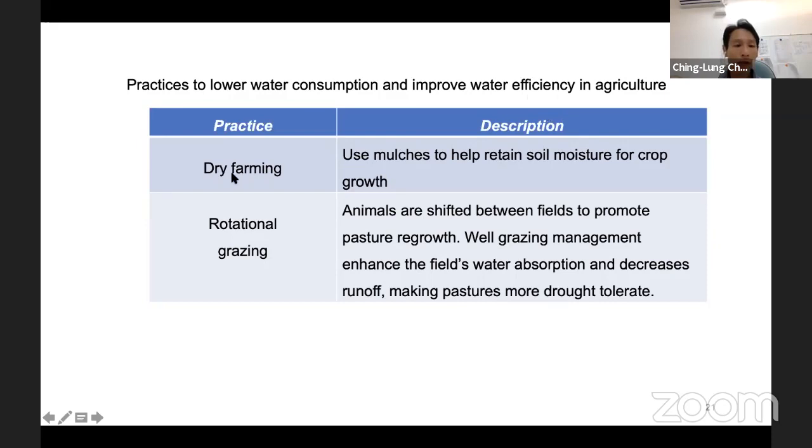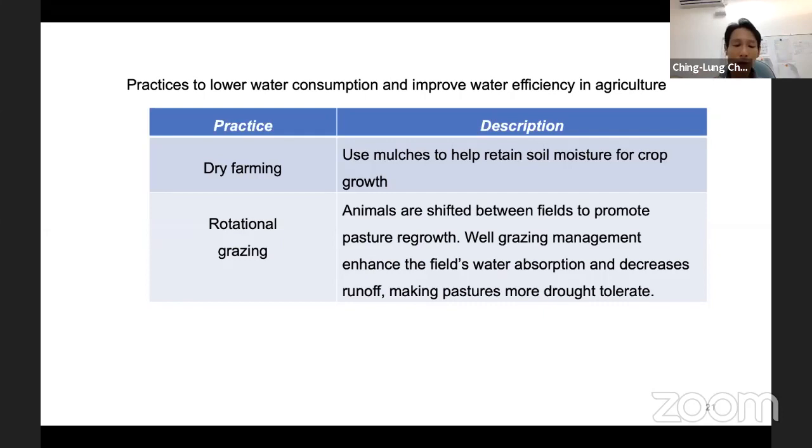So the first one is called dry farming. So what is dry farming? They use mulch to help retain soil moisture for crops to grow. The mulch means the farmers try to use a kind of material made of wood, like small pieces of wood.